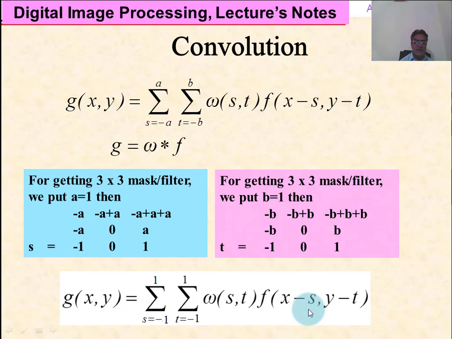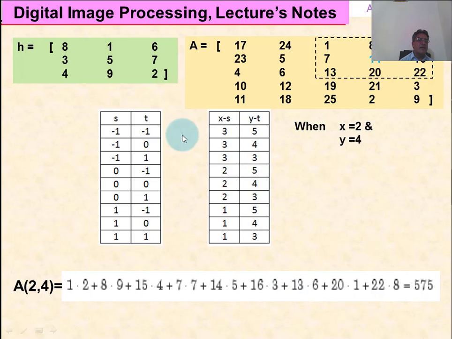Here it is a convolution operation, because we are subtracting the subscript of the kernel from the corresponding subscript of the input image. That is, this minus value exempts us from rotating the kernel at 180 degree. How? We will see in the next slide.